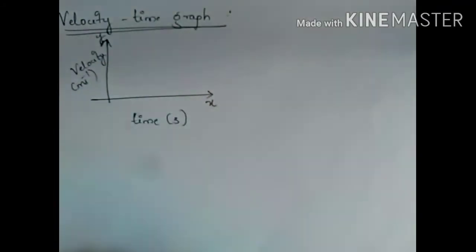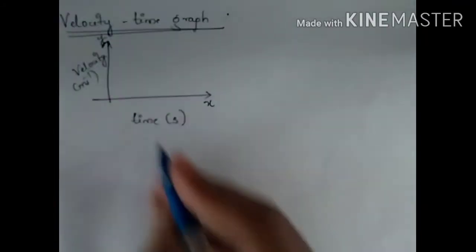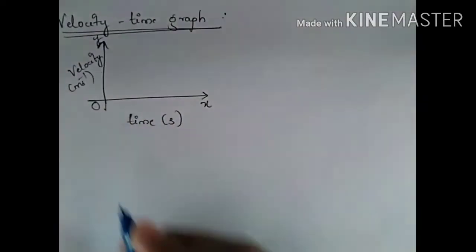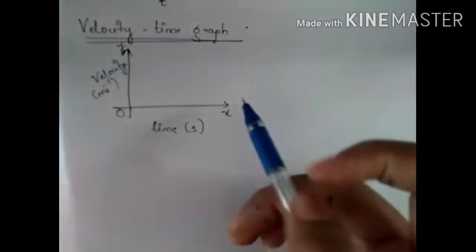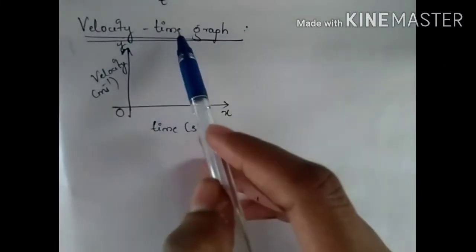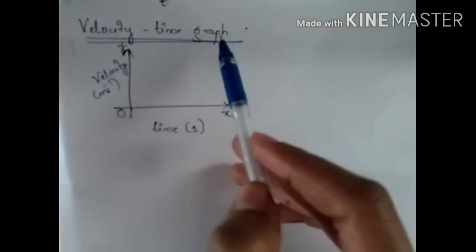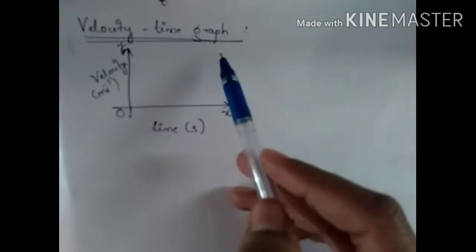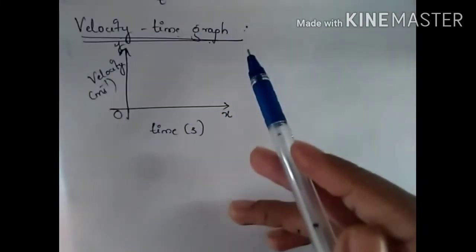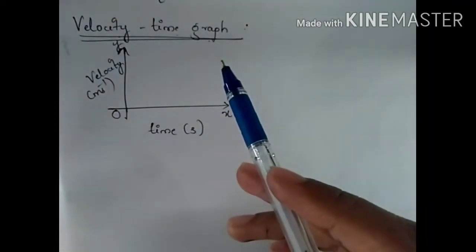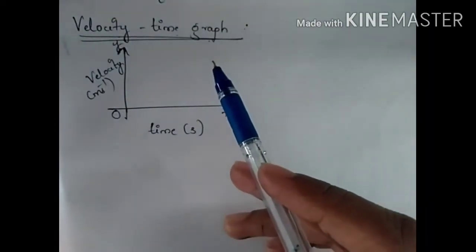Velocity will be in meters per second. For this kind of graph, we say it is the velocity time graph or VT graph, wherein the y-axis represents the velocity and the x-axis represents the time.